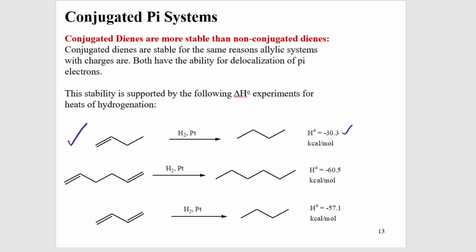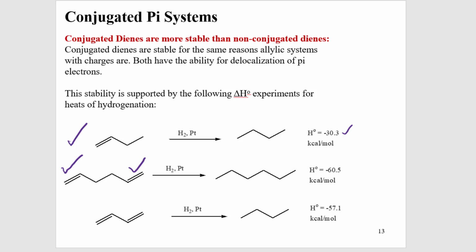So then you go and you say, all right, put your scientist hat on and say, if I had 2 double bonds on a molecule, and I put it in a calorimeter and I do a hydrogenation and I calculate, I would actually guess double negative 30.3, right? Double, because I have 2 double bonds, so hydrogenating 2 double bonds is going to be double negative 30.3.